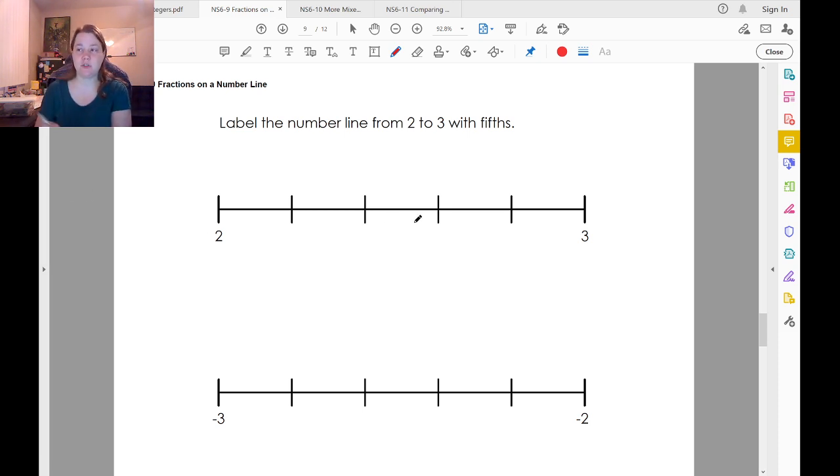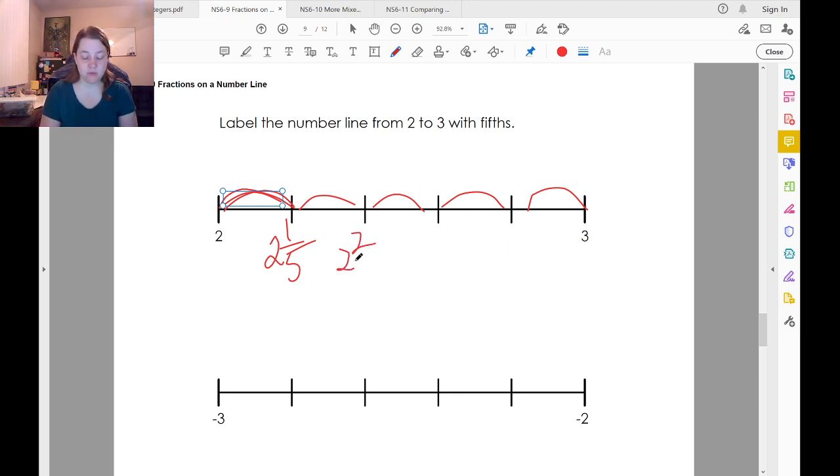So we have 2 to 3, and that's labeled in fifths. So we have 1, 2, 3, 4, 5. So that means that this first curve right here is going to be 2 and 1/5 because we're already at the whole number of 2. The next one would be 2 and 2/5. Then 2 and 3/5. Then 2 and 4/5.